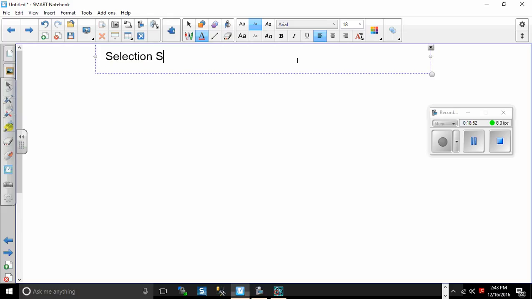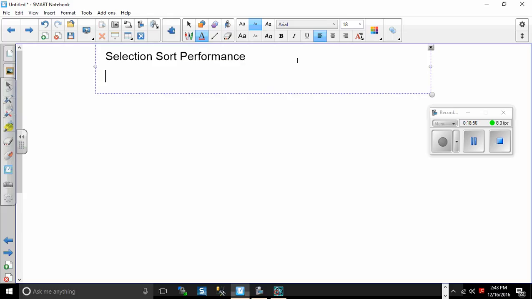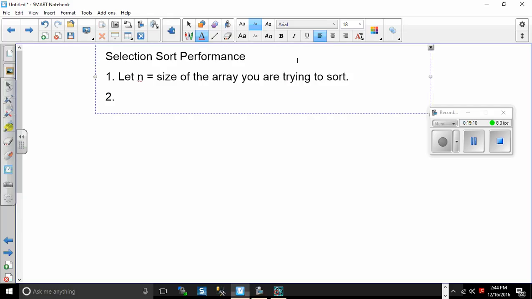Let n equal the size of the array you are trying to sort.